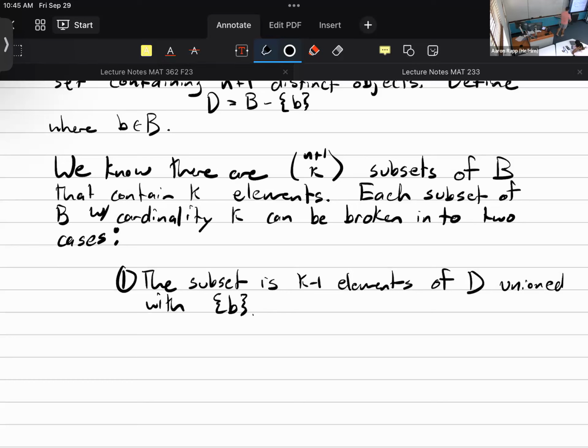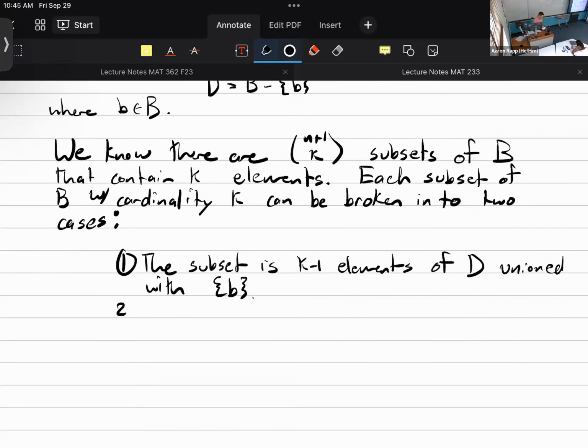When I've chosen these k elements from my larger set B, I have a choice of saying little b was in there, which means the rest of them have to come from my set D. And that means that there had to be k-1 options chosen from D.